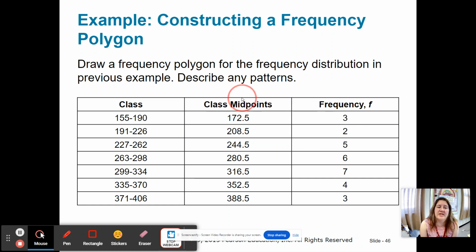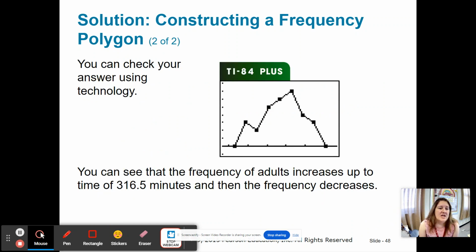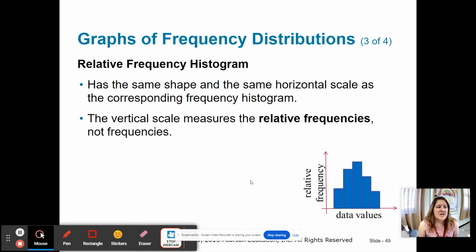So what we do is we subtract 36 on both below the first midpoint and above the last class's midpoint. And that's what you see here in the explanation if you want to pause. But if you subtract 36 and add 36, you'll be able to connect to the x-axis. We will discuss how to graph this on a TI-84 in class.